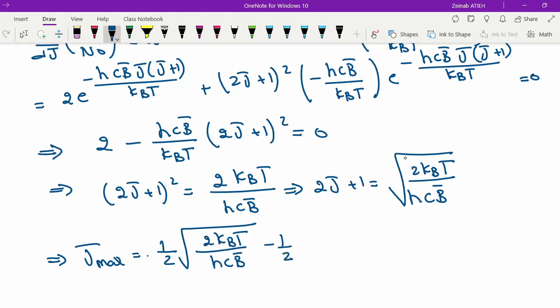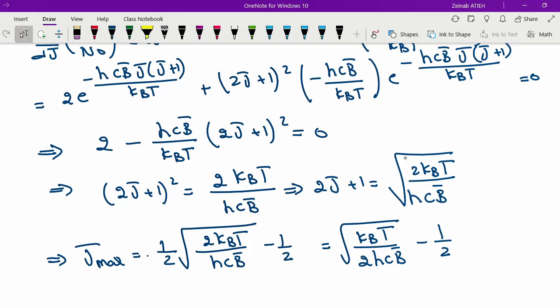You can bring the 2 inside, so it will be 4. 2 with 4, 2 is cancelled, so we are left with 2 down. So it will be radical kBT over 2hcB bar minus half. And this is the same formula shown in the explanation of the lesson.